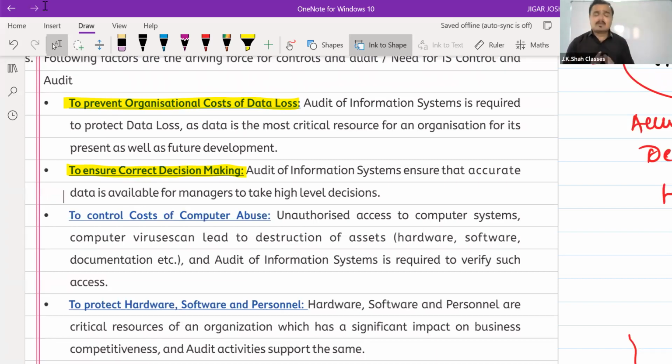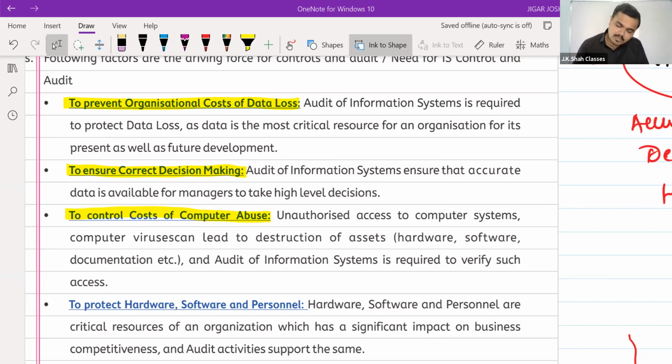Yes, sir. Third one, the very important one, it will also reduce or control the cost of computer abuse. Why? Sir, a computer could be abused by introducing viruses, worms, trojans, and others. But if you have proper internal controls in place, proper virus scans and everything will be performed significantly from time to time. Software will be up to date, and that will automatically reduce the risk of data loss.